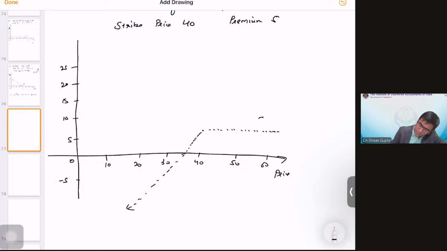Correct? There is a 5 rupees gain here. 35 is the price at which the neutrality will come for the option writer as well as the option holder. Below 35, if the price comes, then it becomes a loss to the put option seller, students. Okay.